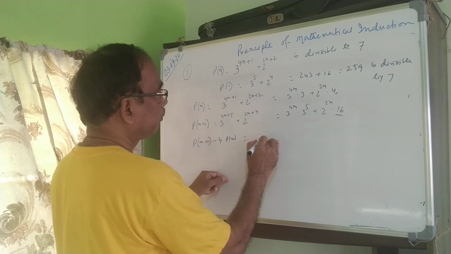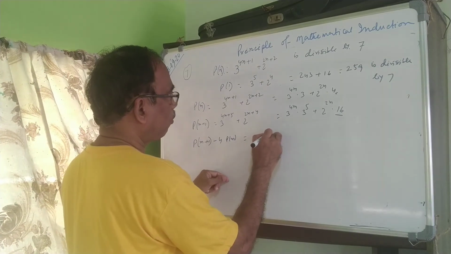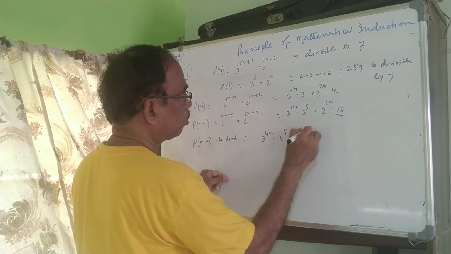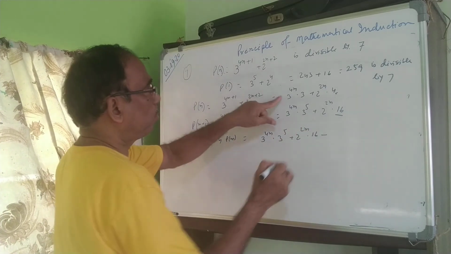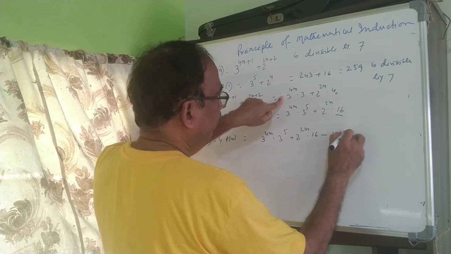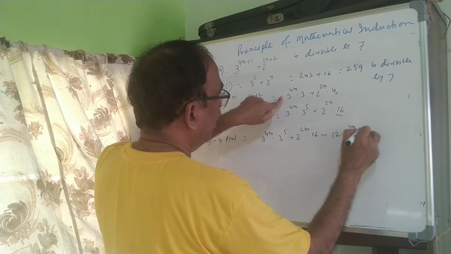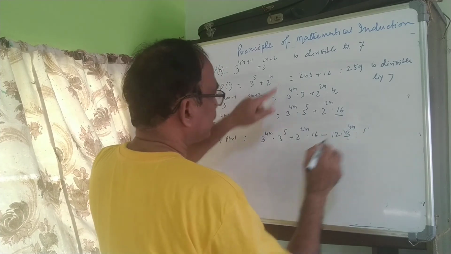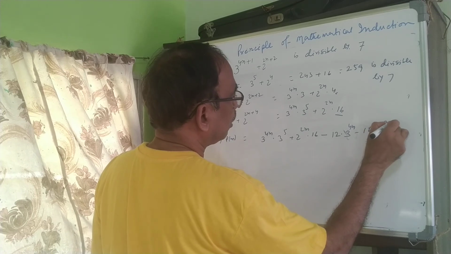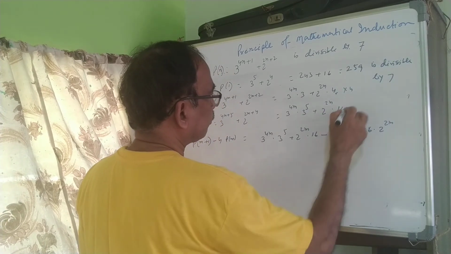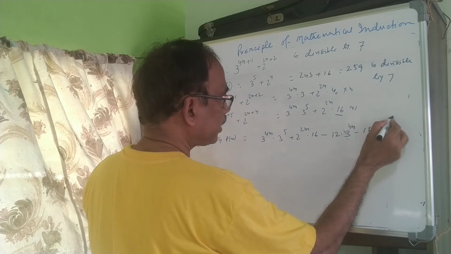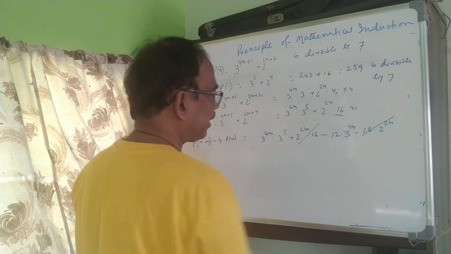So we got 3 to the power 4m into 3 to the power 5 plus 2 to the power 2m into 16, minus 4 into this, means 12 into 3 to the power 4m plus 16 into 2 to the power 2m. The 16 terms will cancel.